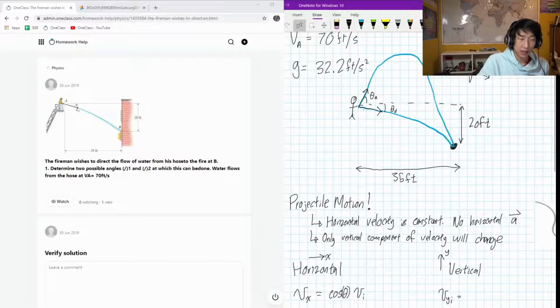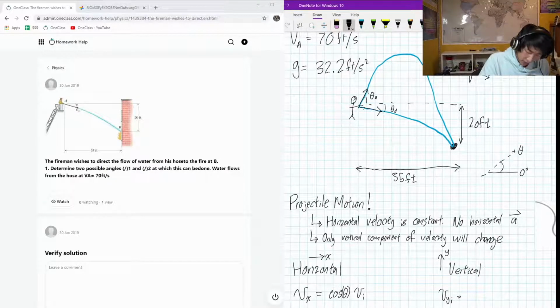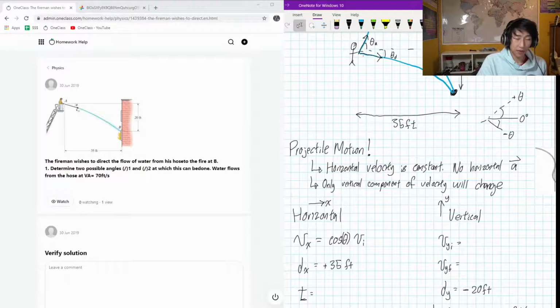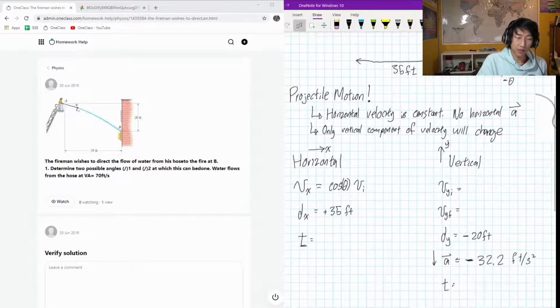Let's say that our angles are going to be positive going clockwise. So here is 0 degrees, here is positive theta, and here is negative theta. We'll just need to keep things in mind with the signs, and make sure that they agree with our convention here. So Vyi is going to be sine theta times Vi.